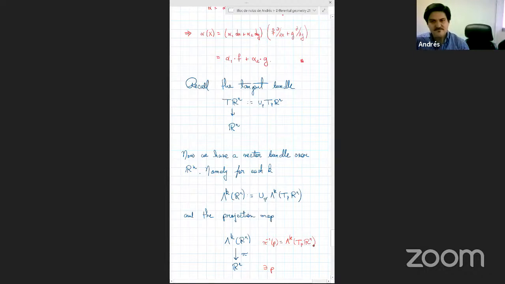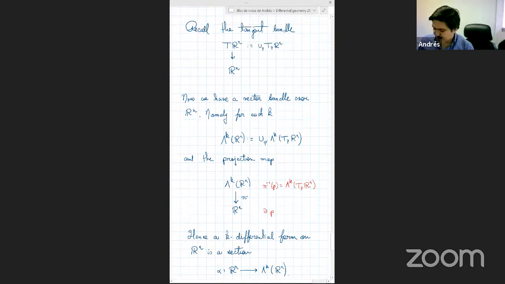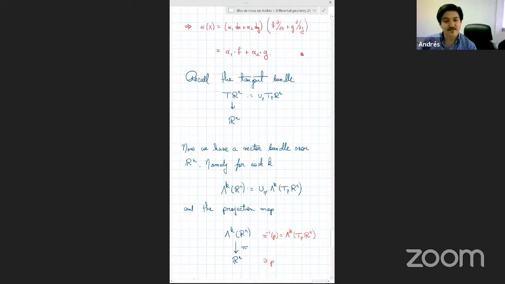Okay? So note that for any point that you take on Rn, the preimage is going to be a vector space. It will be a different vector space, but nonetheless, it is this vector space. All of them have the same dimension. So in fact, this is precisely a vector bundle.